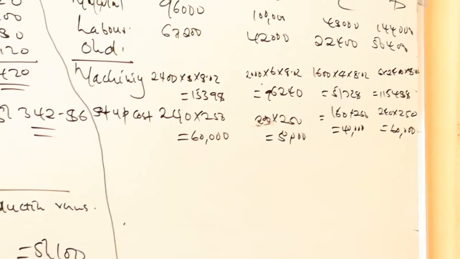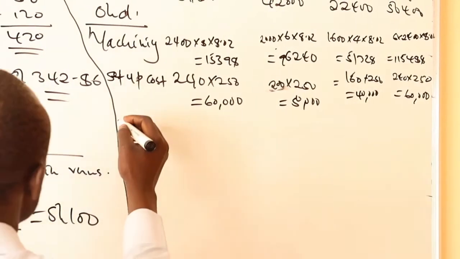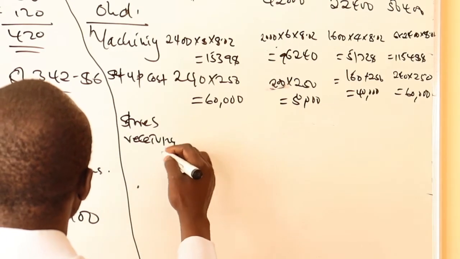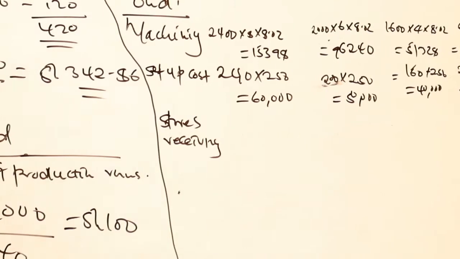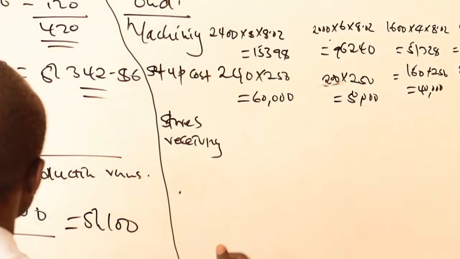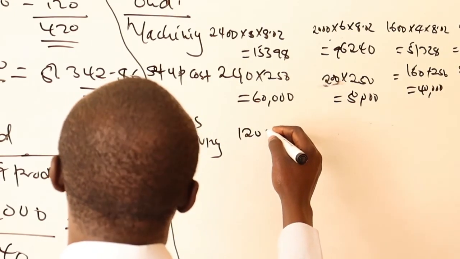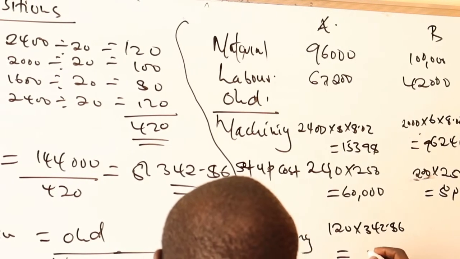The next one, after setup, is stores receiving. The absorption rate is based on the number of requisitions, so it is 486 times. So this one is going to be 120 times 342.86. Get the answer here.